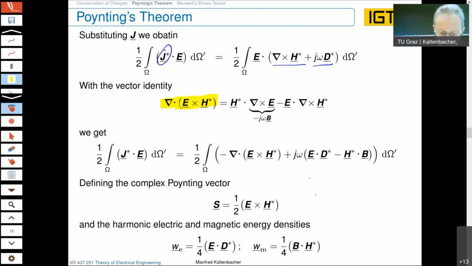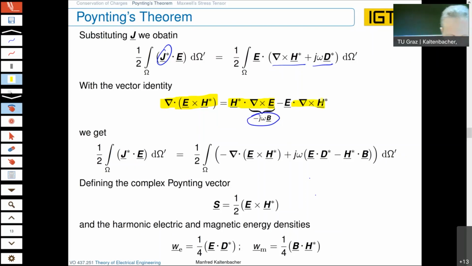And we have the vector identity that the divergence of E cross product with H conjugate complex can be written down as H dot product with the curl of E. We know the curl of E we can substitute here by minus j omega B. And the second term of this identity is then E dot product with the curl of H conjugate complex.